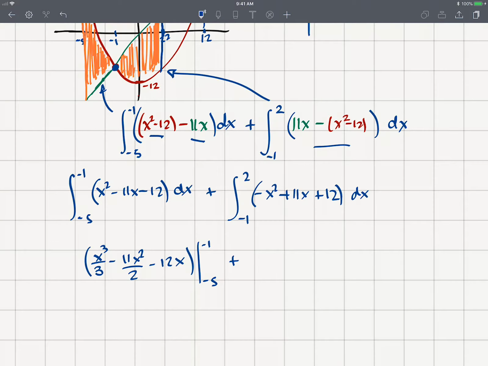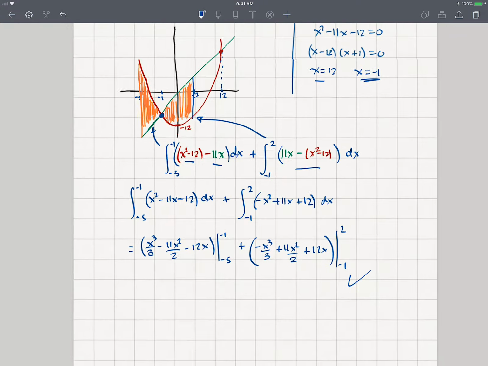And then negative x cubed over 3 plus 11x squared over 2 plus 12x, evaluated from negative 1 to positive 2. Now you put these numbers in, and it's just about evaluating, and this would give you the right answer. I'm not going to do that; it's just a matter of putting in the numbers, and being careful.